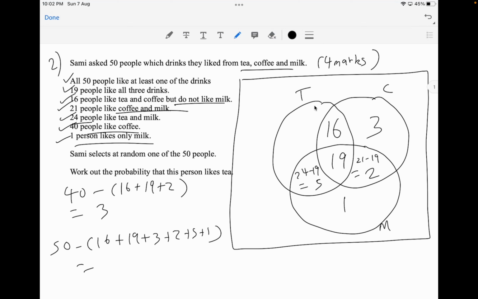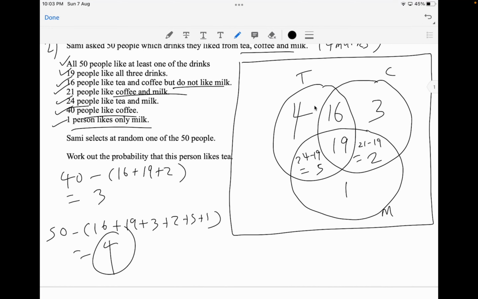Now this should give you a value of about 4. Now this 4 is going to be written down here. The reason I'm writing 4 down there is because all 50 people like at least one of the drinks, so there has to be a value there. So you have 4, 16, 19, 3, 5, 2, and 1. These are going to be your values.